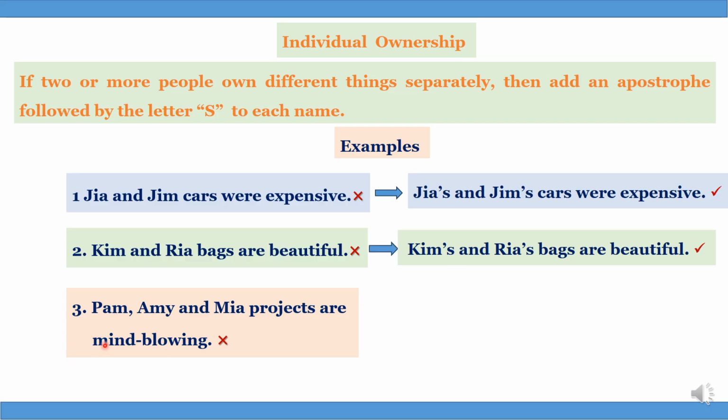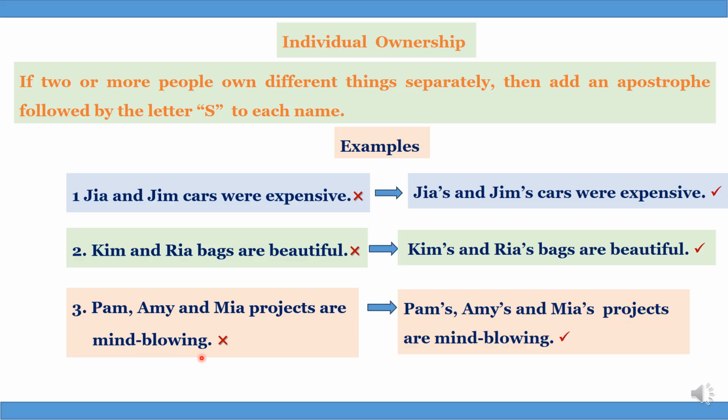Third example, Pam, Amy, and Mia projects are mind blowing. Again, this representation is wrong. Pam's, Amy's, and Mia's projects are mind blowing. Here, we need to add an apostrophe and letter S to each name. It indicates that all these three people are owning different projects and they are mind blowing.